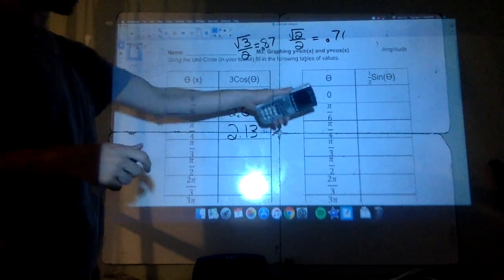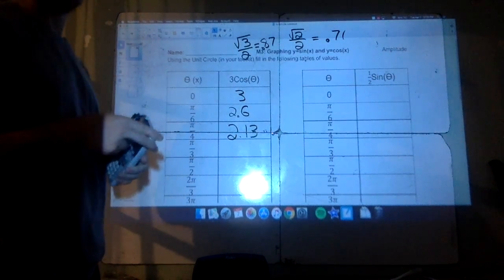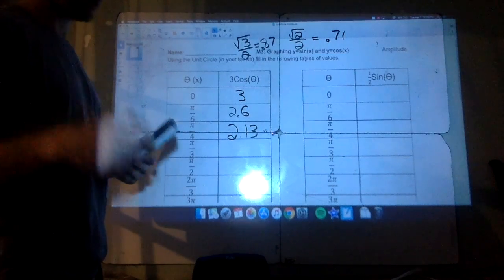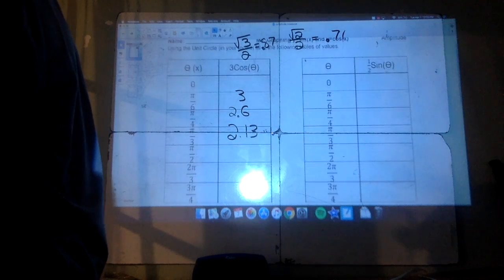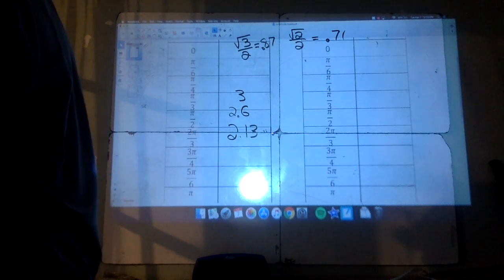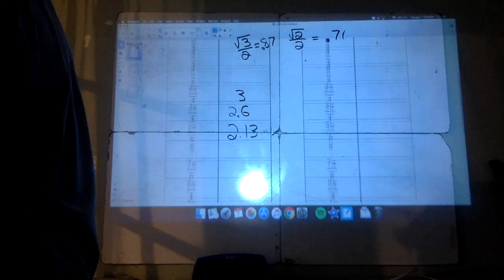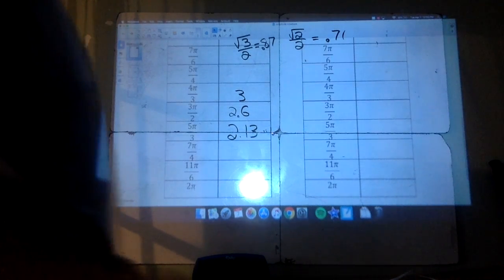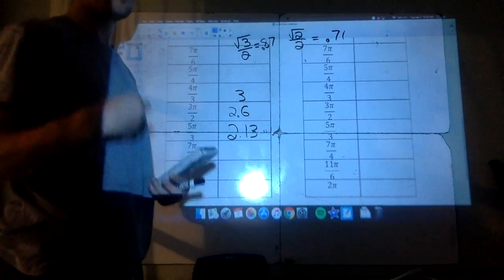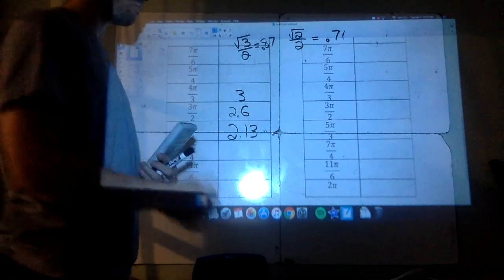sine. So for that one you're multiplying by half, and here you're multiplying by 3. So pause the video and complete this table. It's the same as last time. It goes all the way down to 2 pi. By this point you should have the unit circle memorized.